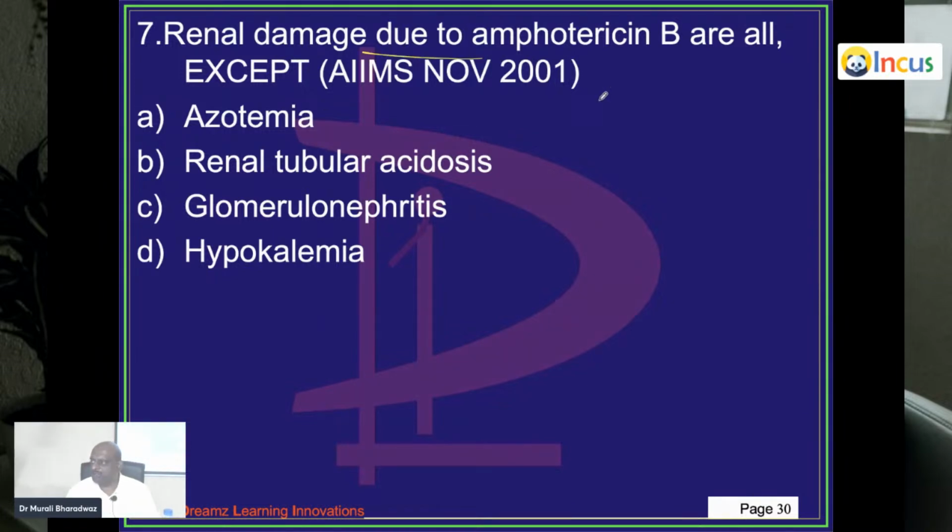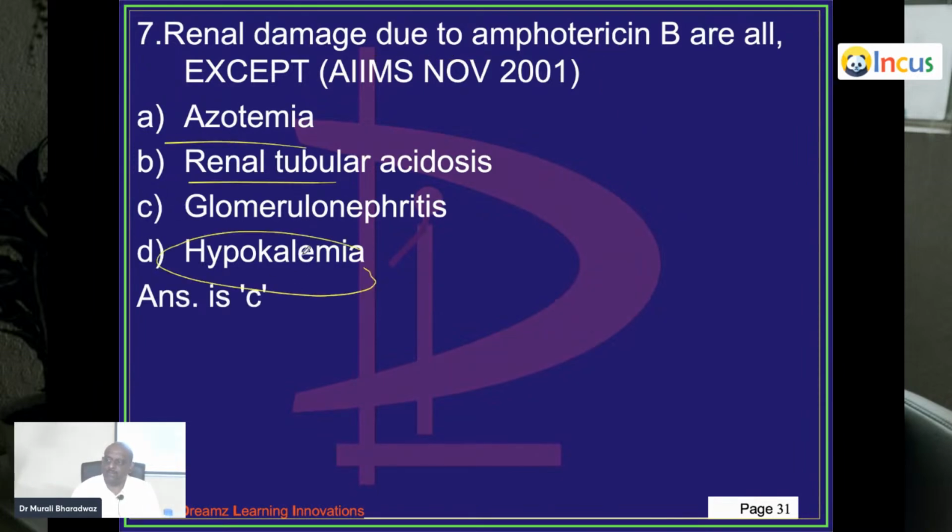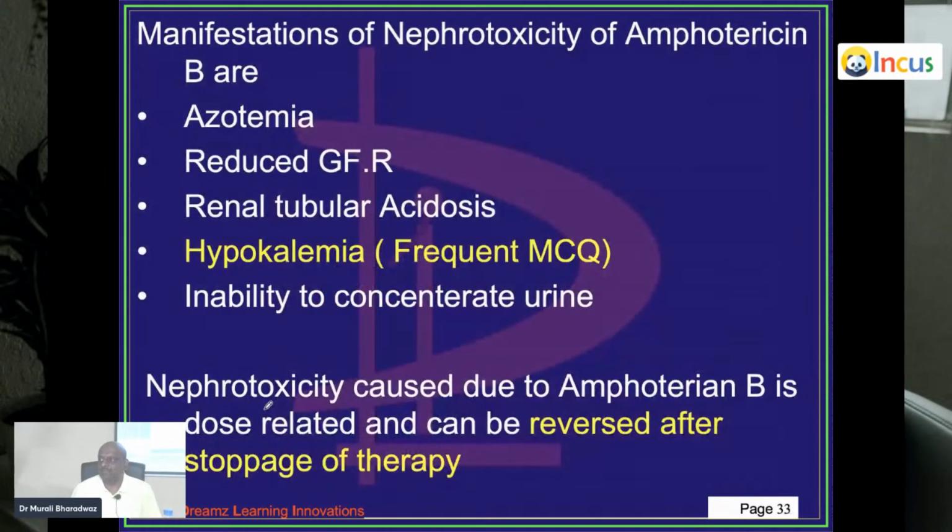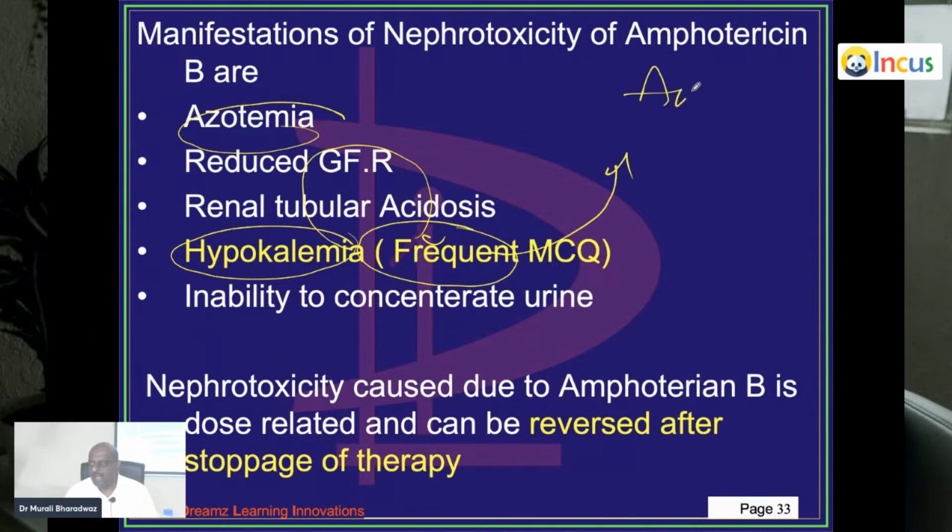Renal damage because of the amphotericin B, what will happen? Azotemia, renal tubular acidosis, hypokalemia, hypo, not hyper, with amphotericin B. So azotemia, hypokalemia, this is a very frequent MCQ. Amphotericin leading to hypokalemia.